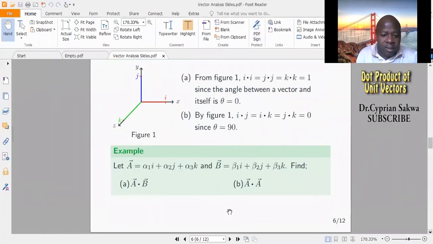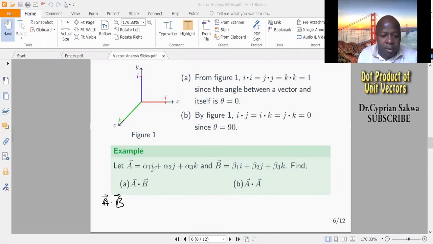And so, using that knowledge, we can find the dot product between a and b. We are given this is our a and this is our b. So what's the dot product a dot b?